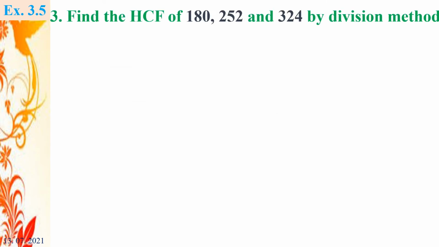Find the HCF of 180, 252 and 324 by division method. First, you can take any two numbers. Let us take 180 and 252. Here, 180 is the smallest number and 252 is the greatest number.